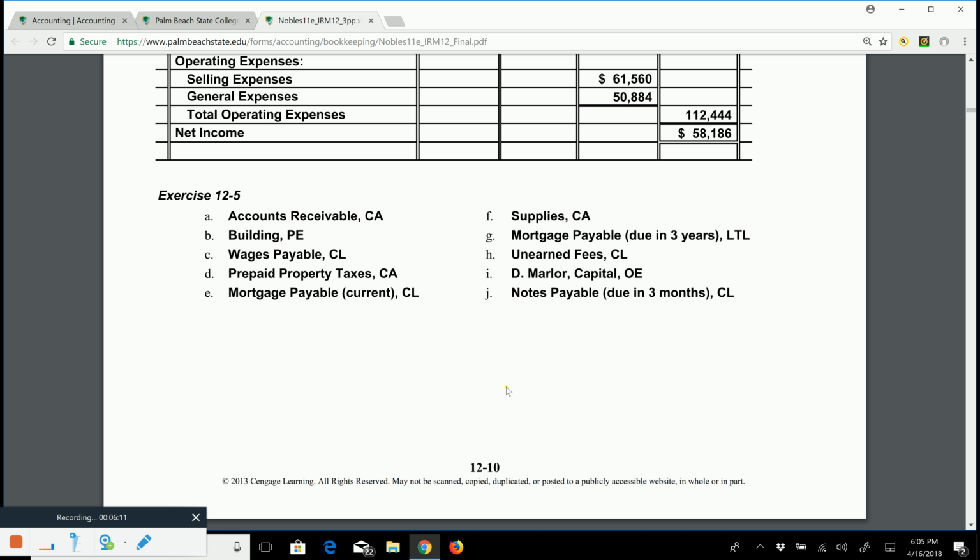Now, if you work over to the liabilities side of the balance sheet, once again, I'm on page 542, you can see that the liabilities are broken down between current liabilities and long-term liabilities.